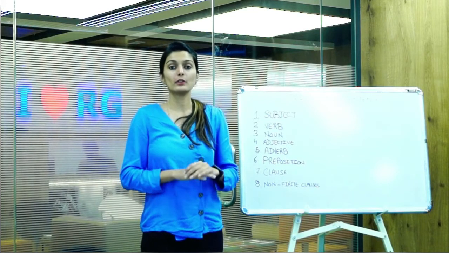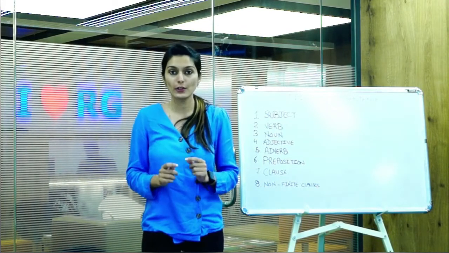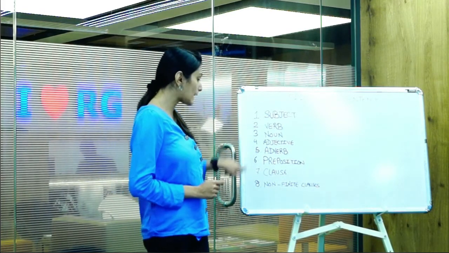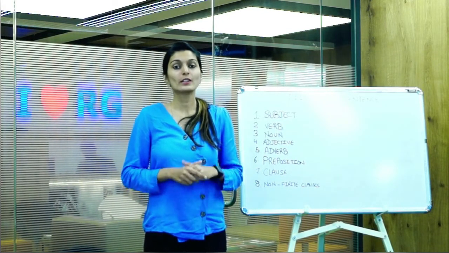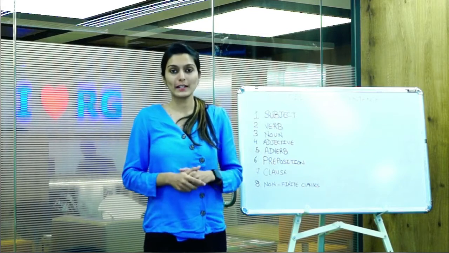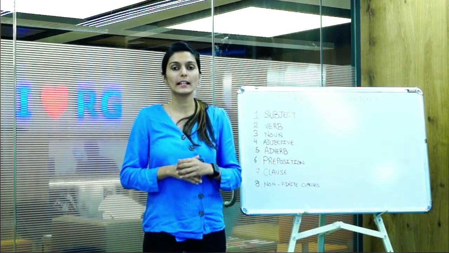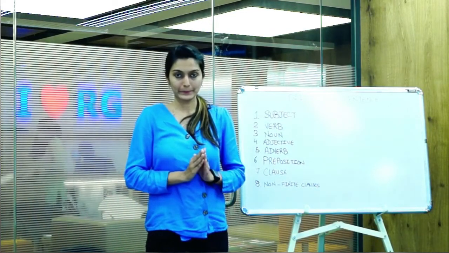If you take any good English newspaper and read any sentence, you will find that all these 8 parts are there in a single sentence. And that is what we want to teach you here. Because if you are joining, you should know the correct use of each and every type of a sentence.